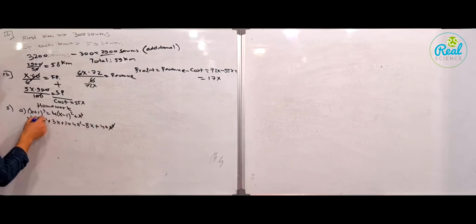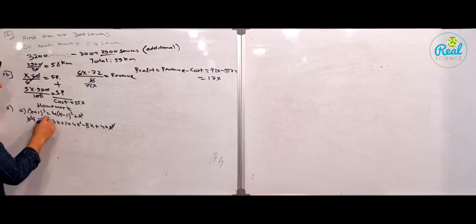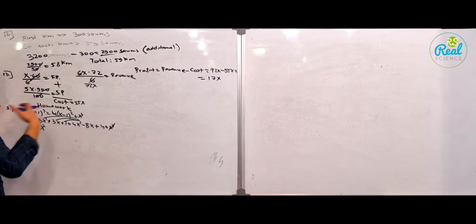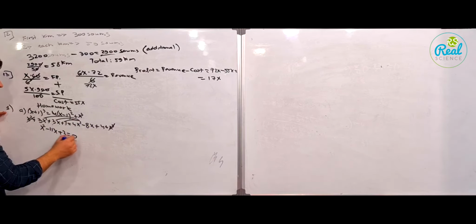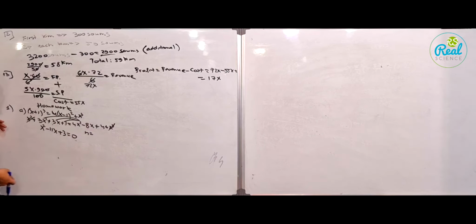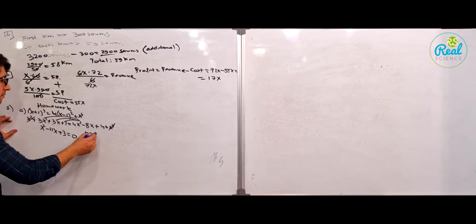So x cubed cancels, and what we are left with is x squared. We bring everything to the left side, changing the signs: minus x squared minus 11x plus 1 equals 0. What is the degree of this equation? This is 2, right?